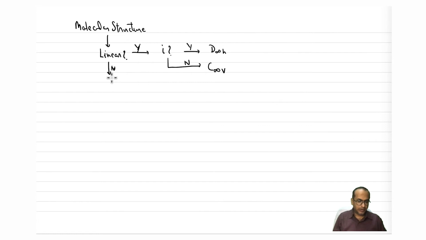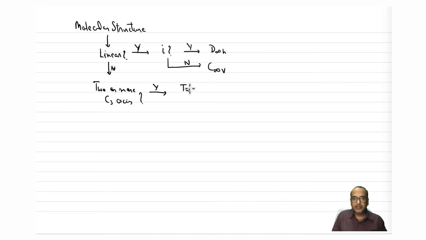Now linear no. Then you ask, does the molecule contain two or more C3 axes? C3 axes are present, but one C3 axis is not enough, it must be two or more. If it is two or more, you go to yes. If it is a yes, then your next question is, and these have to be unique, so the C3 axes have to be unique.